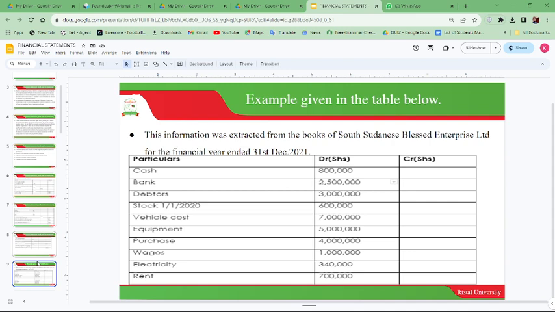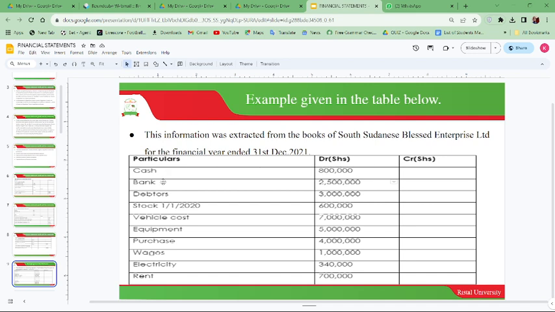So let's look at this example. This information was extracted from the books of South Sudanese Blessed Enterprise Limited for the financial year ended 31st December 2021. We have the particulars, the debit side and the credit side.